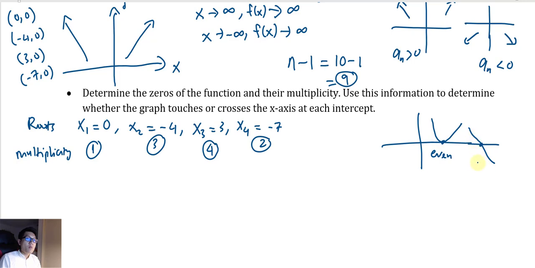If you have the odd power, then you will be crossing the x-axis. So 1 is odd, right? So crosses. 3 is also odd, so crosses. 4 is even, so touches. 2 is even, so also touches. Okay, and the roots are the same thing as the x-intercepts.